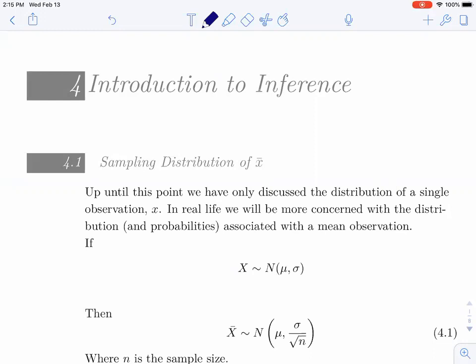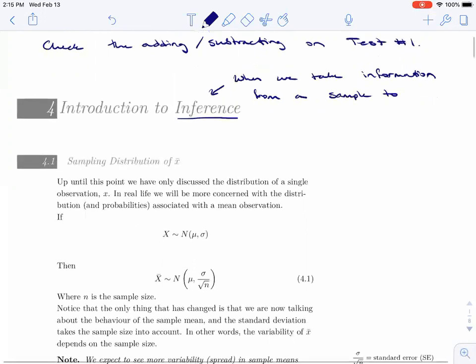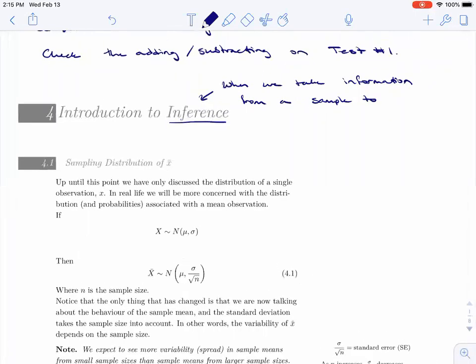Let's make a little note about that here. When we take information from a sample to infer something about the population.